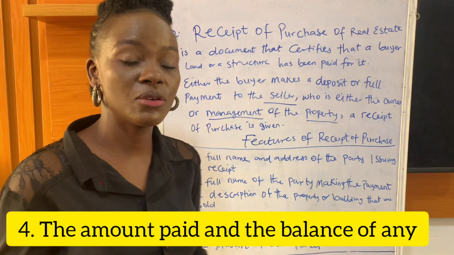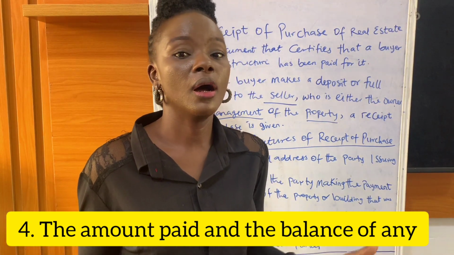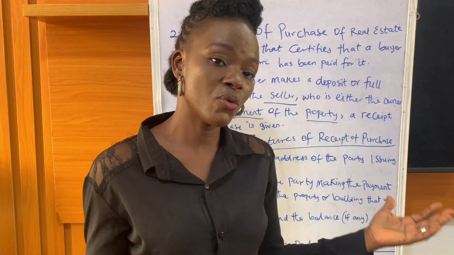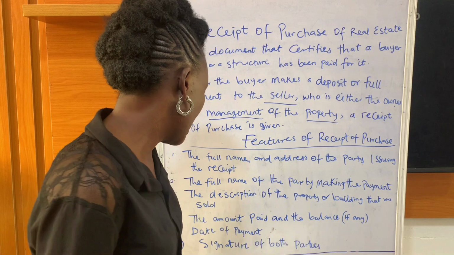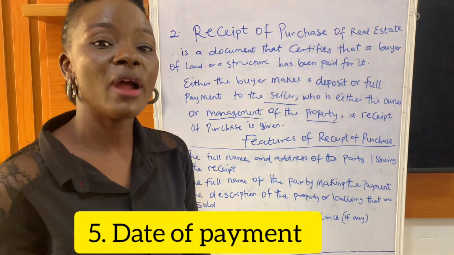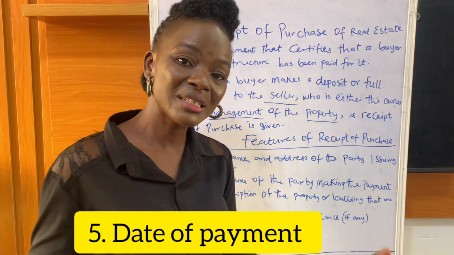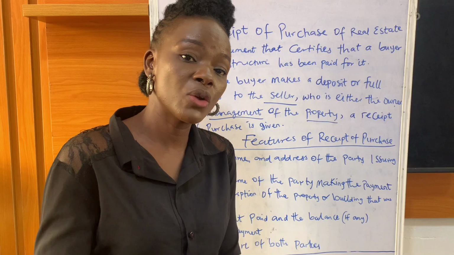So the amount paid and the balance, if any. Remember, I said that it could be on installment. The person may be given the grace to pay a deposit and spread the balance over a period of time. So the amount paid and the balance. The next is date of payment. Every receipt must consist of the date of payment to show when this particular money was made.